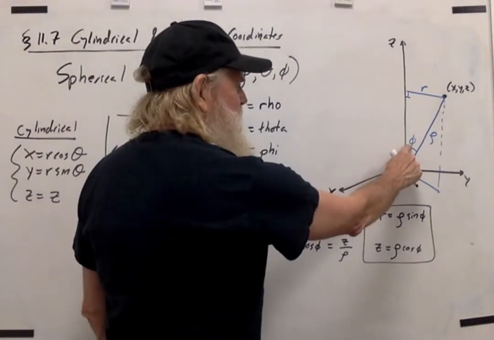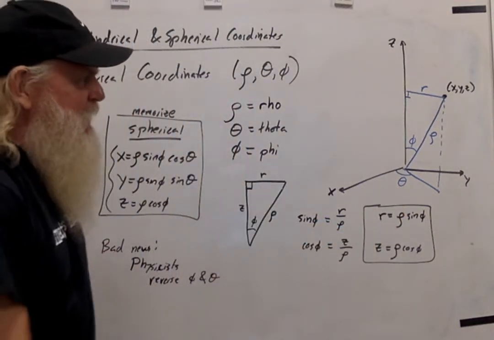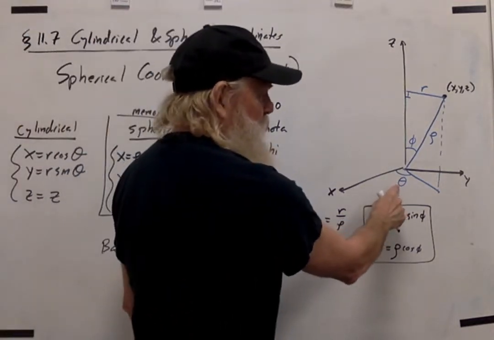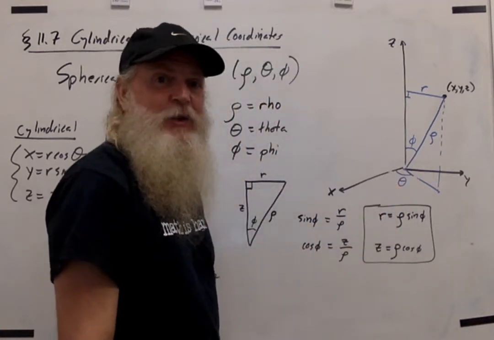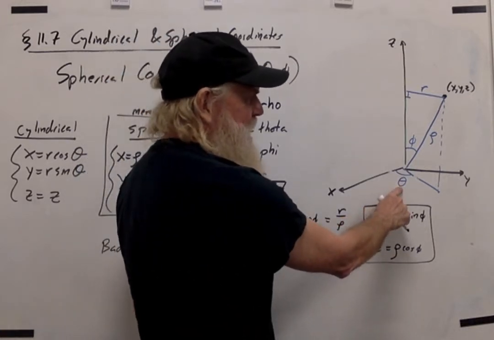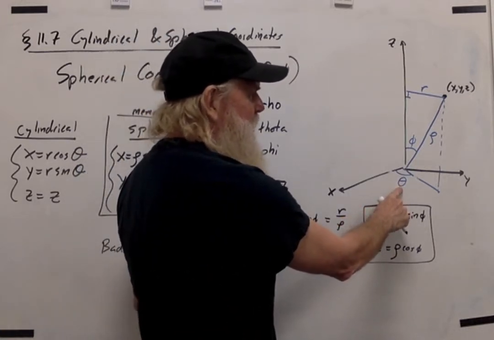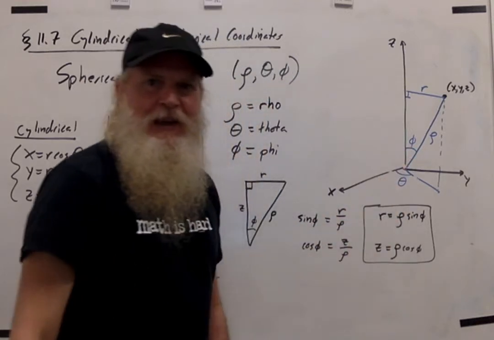So they call this angle theta and this angle phi. That doesn't make any sense to us because we're so used to describing this angle using polar coordinates, and we call it theta in that situation. And I'm pretty sure that the physicists still call this guy theta when they're doing polar coordinates, but when they do cylindrical coordinates, they call this angle phi and this angle theta.